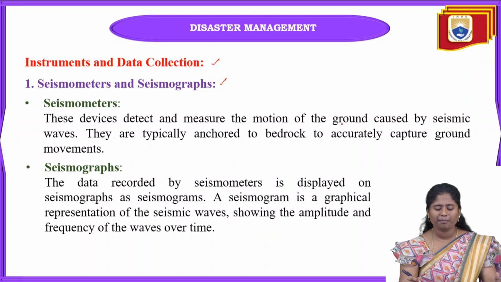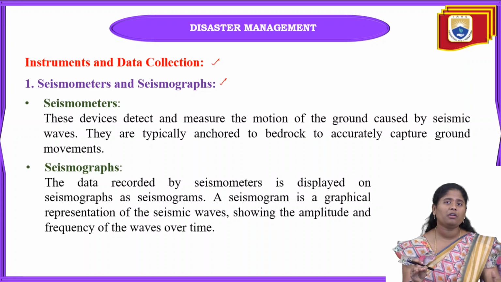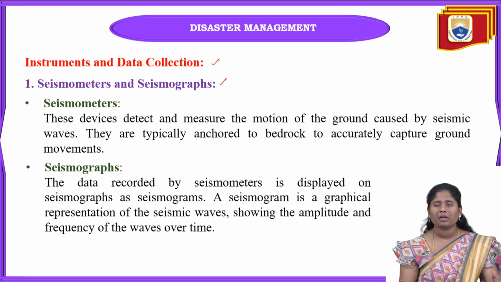They relate to the bedrock, which accurately captures the ground movements. If you keep a seismometer on the ground surface when an earthquake occurs, it will automatically detect and measure the overall ground surface movement and how the change in the bedrock takes place.